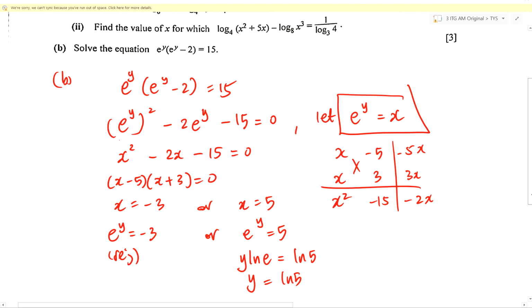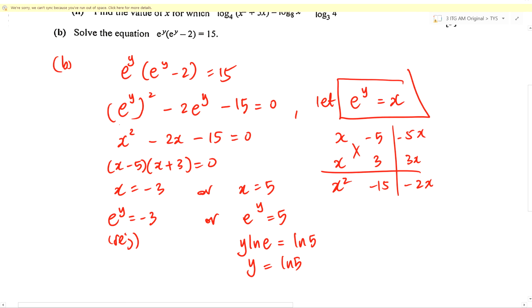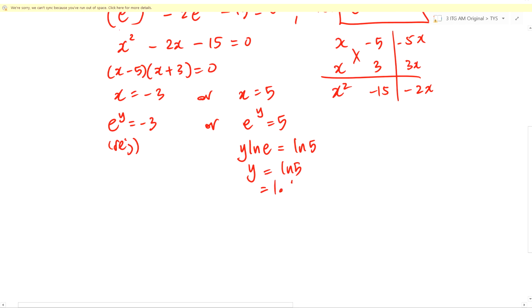This is the exact value. Then we can evaluate it with our calculator, to 5 significant figures: 1.609. So round it off, 1.61.